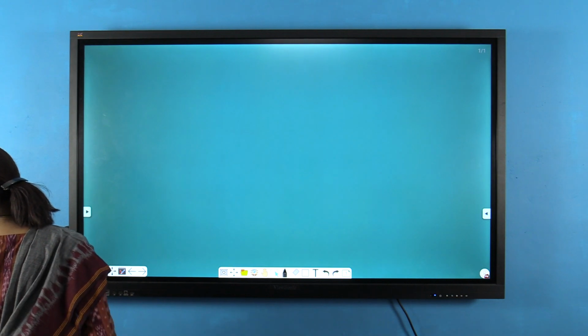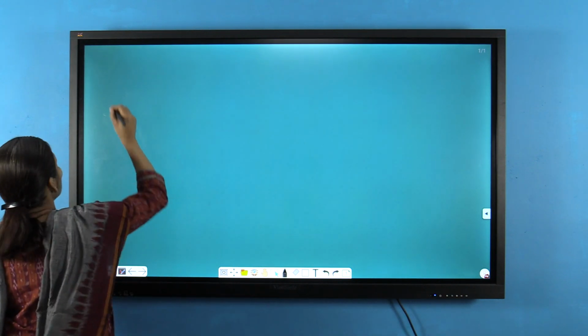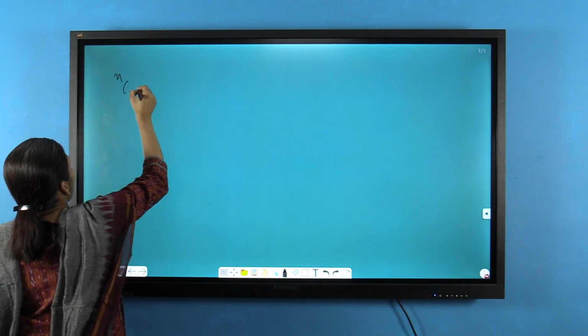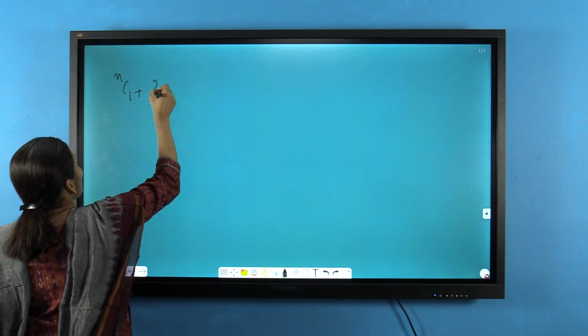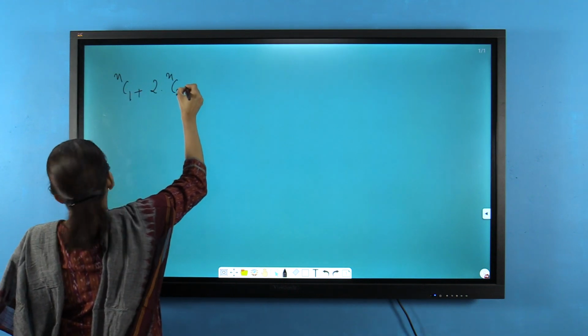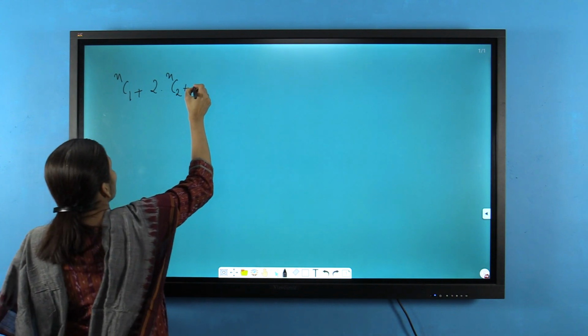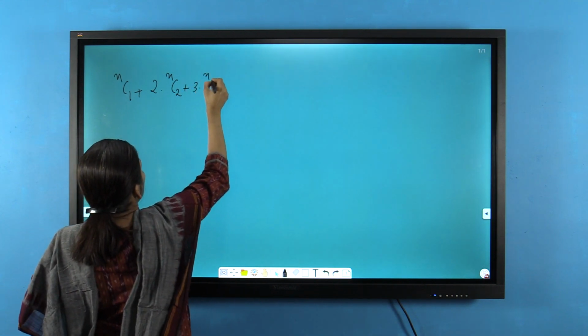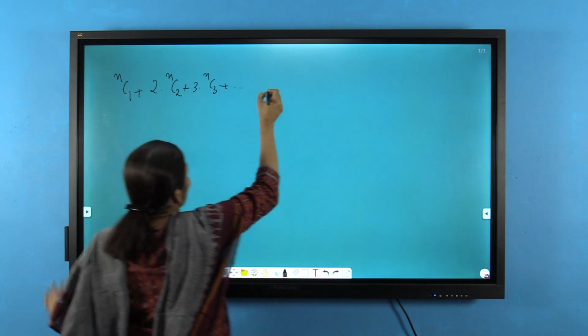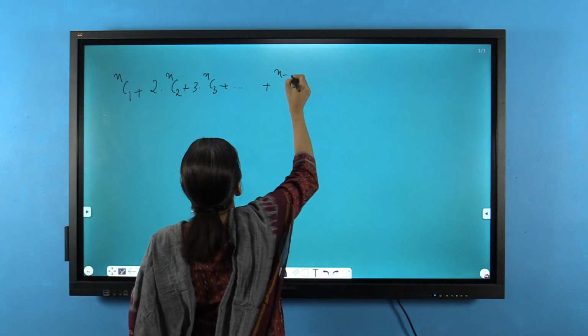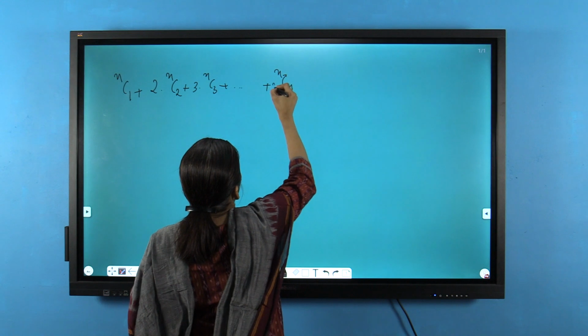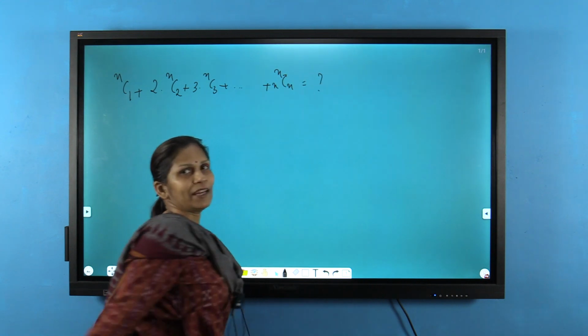Now, another one. What is the value of nC1 plus 2 into nC2 plus 3 into nC3 plus etc. plus n into nCn? You are asked to find this.